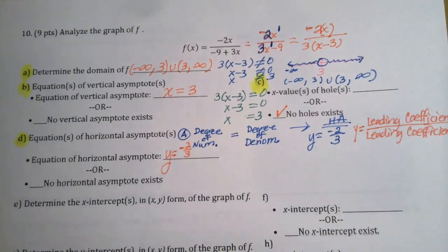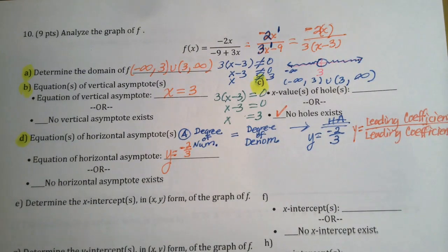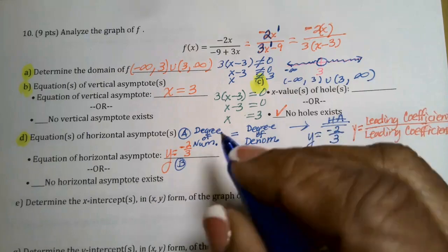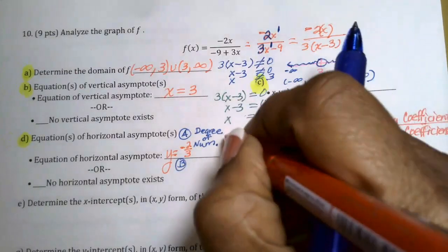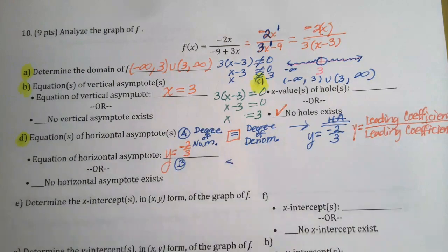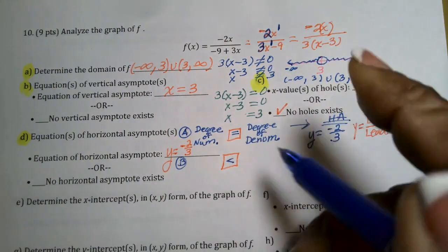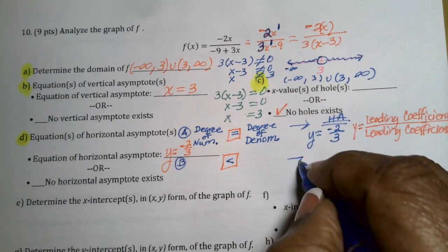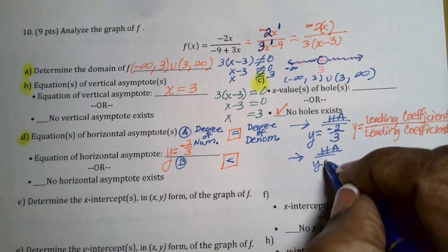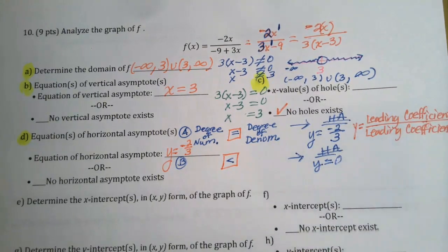And I want to just tell you what the other case scenarios are. Case B, if the degree of the top is less than the degree of the bottom, then automatically the horizontal asymptote is y equals 0.